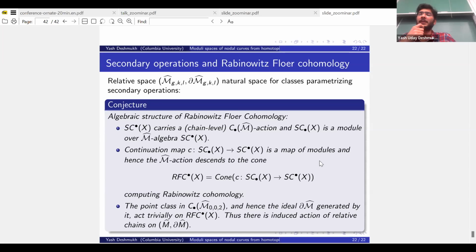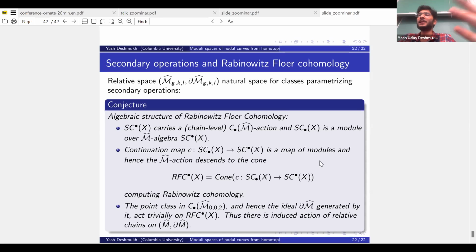No, definitely there's something to do here. Maybe you're referring to this IBL infinity structure that exists on positive symplectic cohomology, which is of a slightly different flavor than Rabinowitz cohomology, because you're quotienting out something which is much larger.